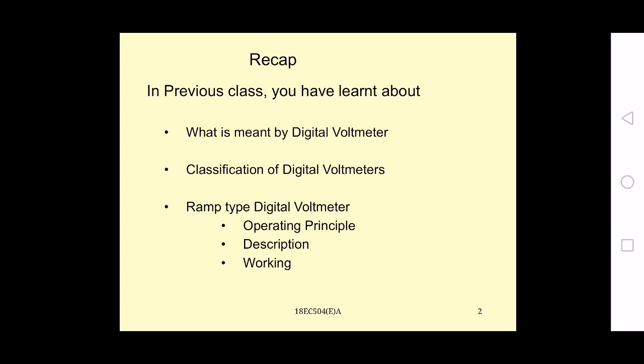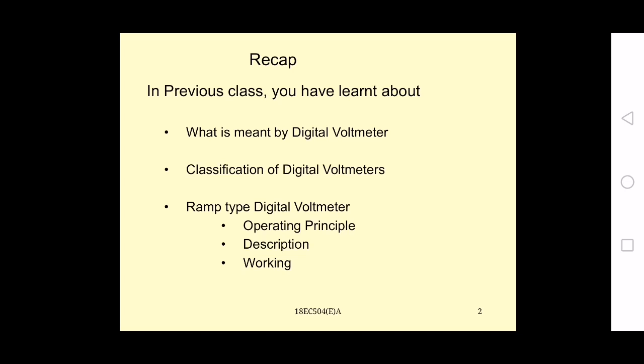Then the oscillator starts counting the number of pulses, and when it has to stop, we compare the ramp signal with the ground signal by the ground comparator. Whenever the ramp signal reaches the ground, that comparator initiates the stop pulse.